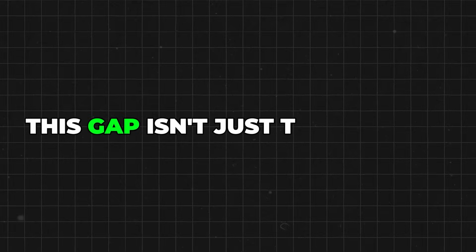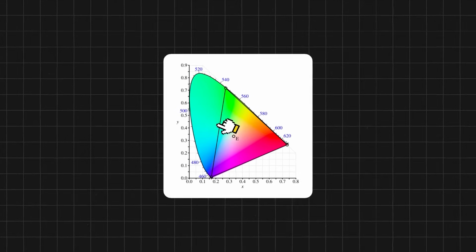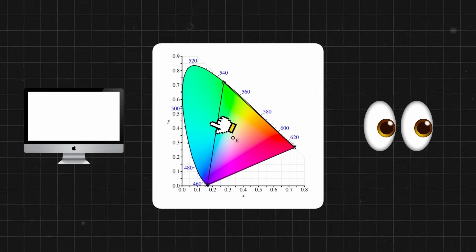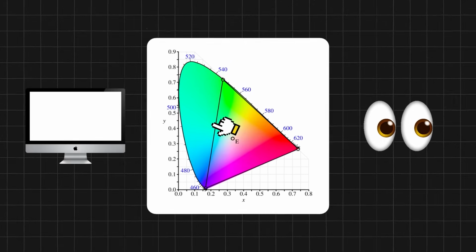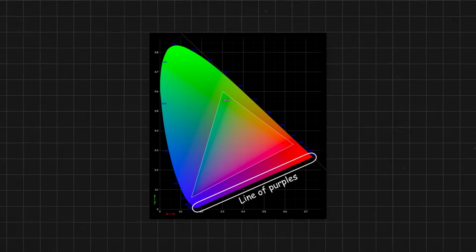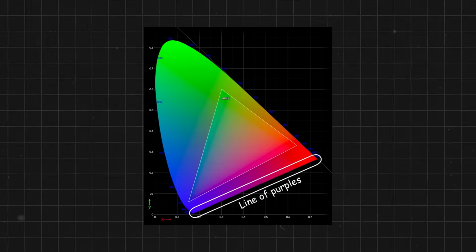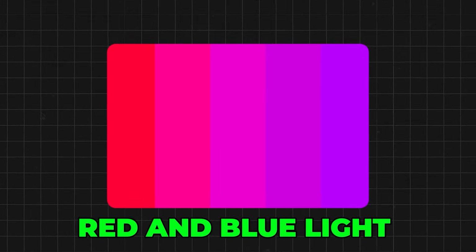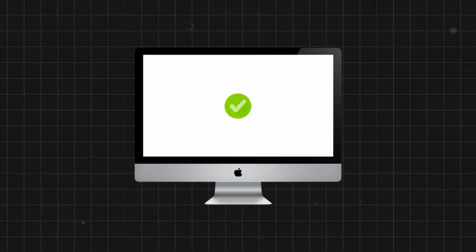This gap isn't just theoretical, it represents real, vibrant colors your eyes can perceive in nature, but your screen physically cannot reproduce. The straight line of purples at the bottom actually works in monitors' favor, as these non-spectral colors are naturally created by mixing red and blue light, something displays can do quite effectively.